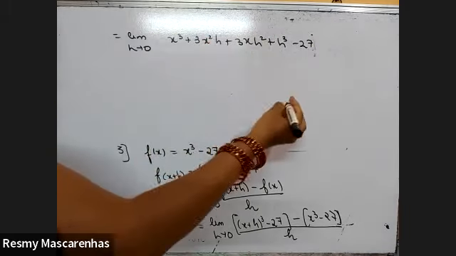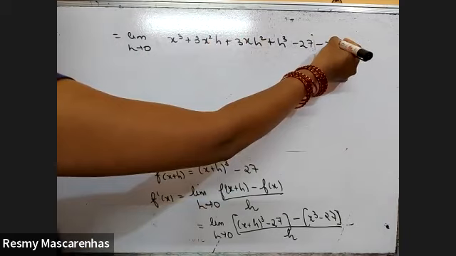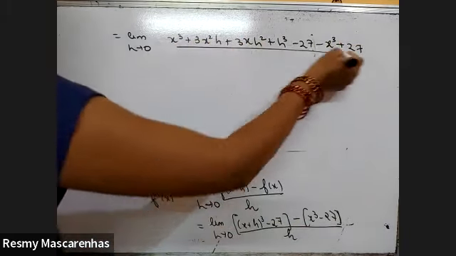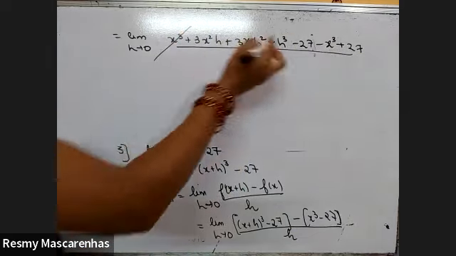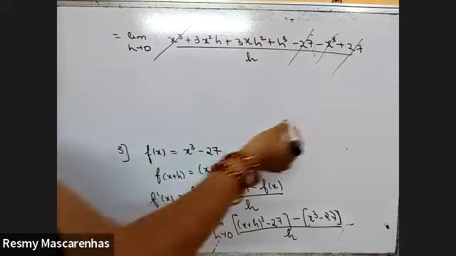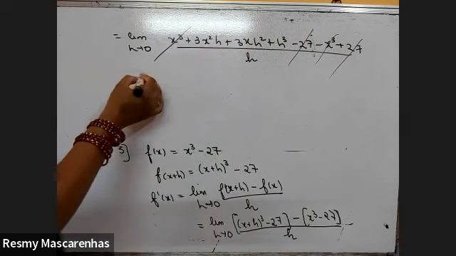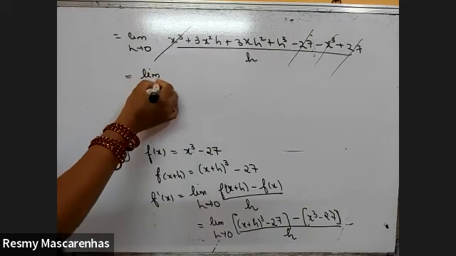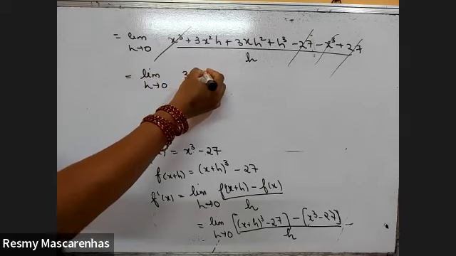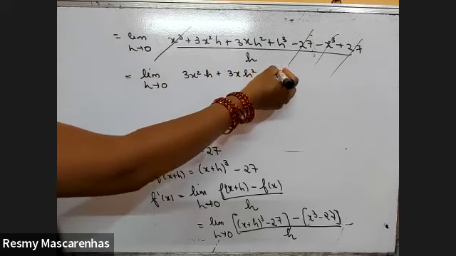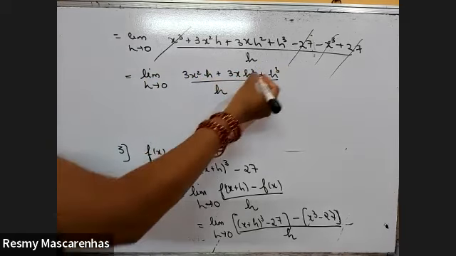I'll open up the bracket, minus x cube plus 27, upon h. So whatever is getting cancelled, this is what remains after cancellation.